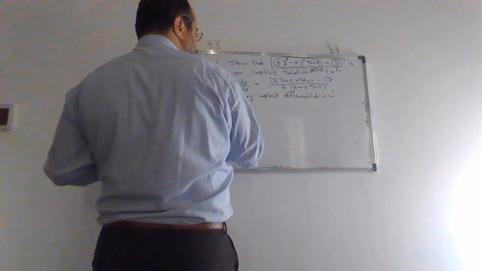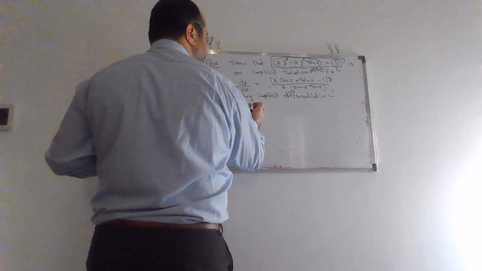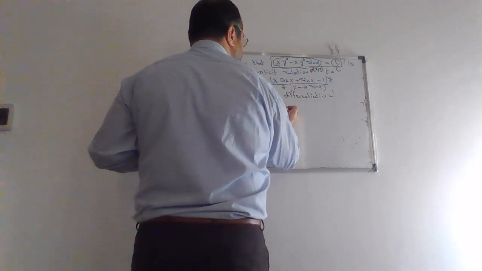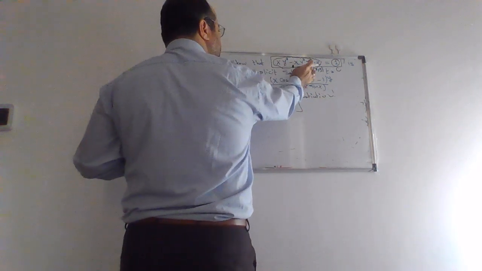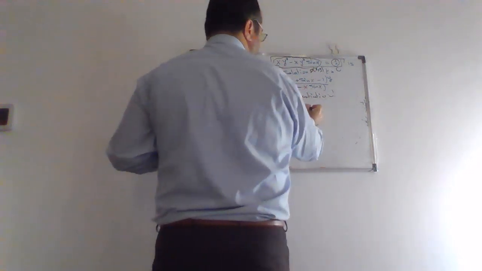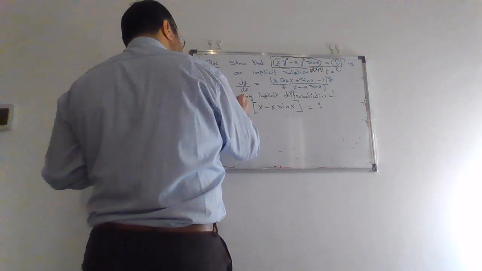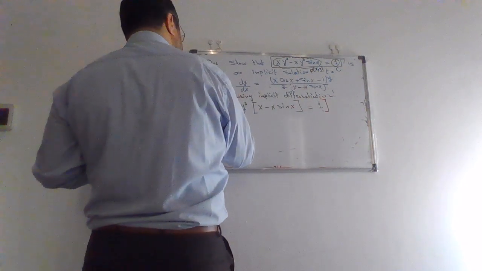So let me go with that thing which I like from before. I like to have it like this, x minus x sine x. The first step was to take y cubed as a common factor, and then you have that one. Now the first step is to differentiate with respect to x.